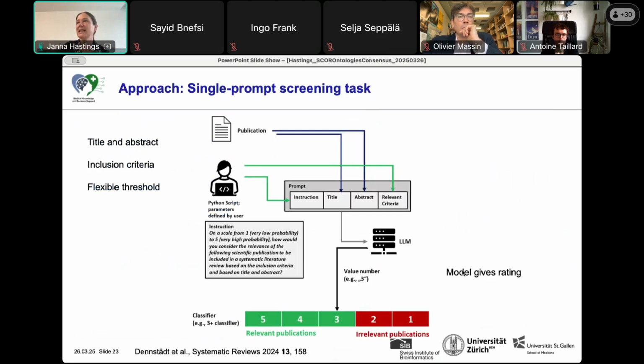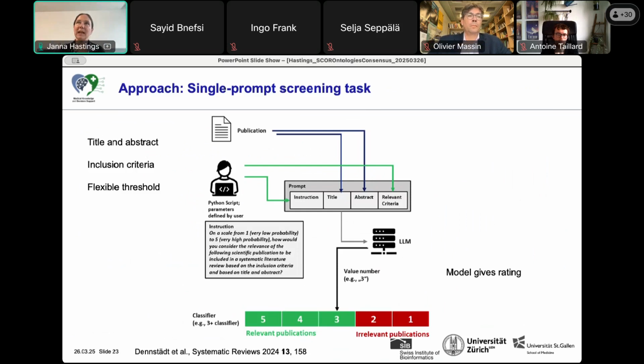We set this up so that you specify the inclusion and exclusion criteria, then ask the model to say, on a scale from 1 to 5 or 1 to 10, whether this title and abstract are relevant given those criteria. So it was a single prompt for the whole review for each title and abstract.